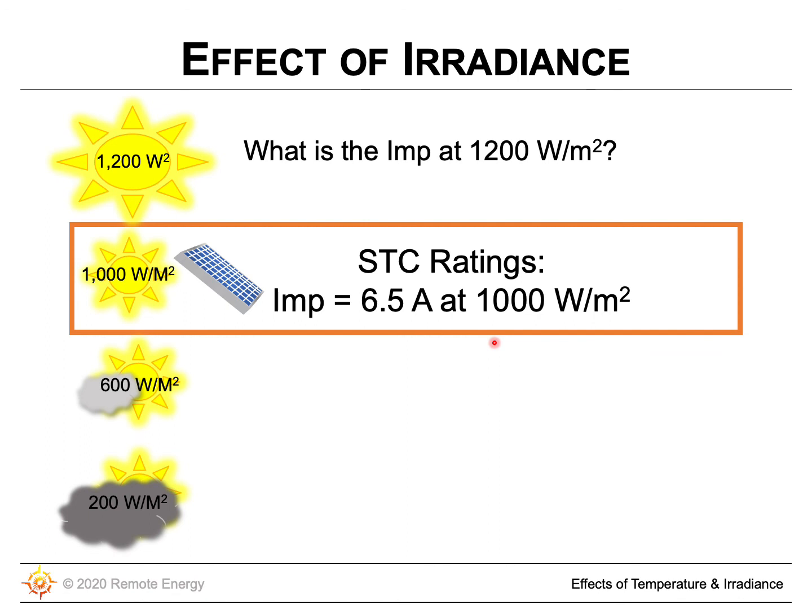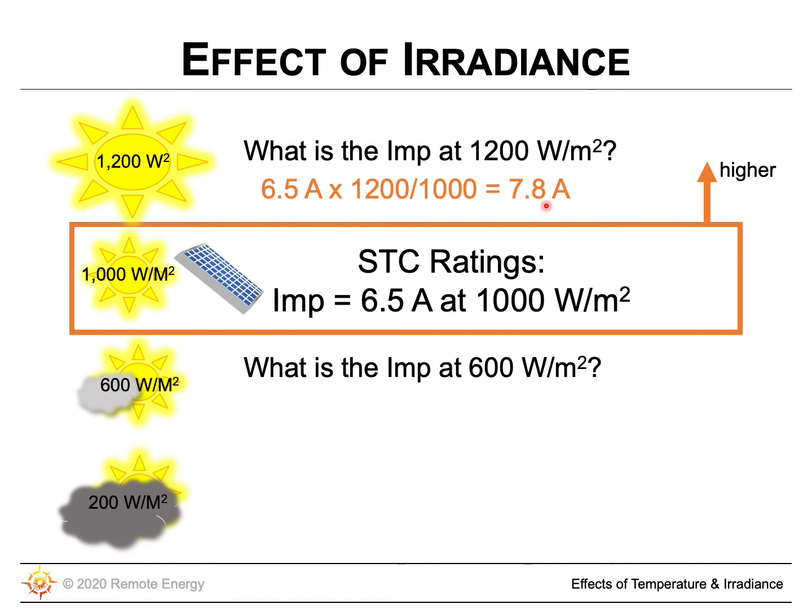And so the mathematical equation is that we would take 6.5 amps, we'd multiply that by this ratio, we'd put 1,200 watts per meter squared over 1,000 watts per meter squared, and when we do that math out, it's 7.8 amps. So the more intense of a sunny day it is, the more amps we're going to see from our solar module.